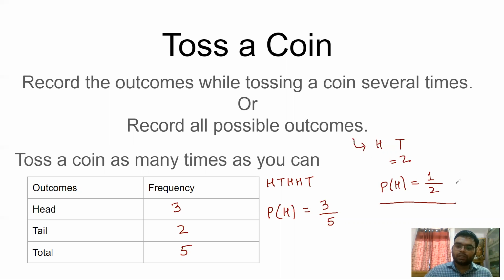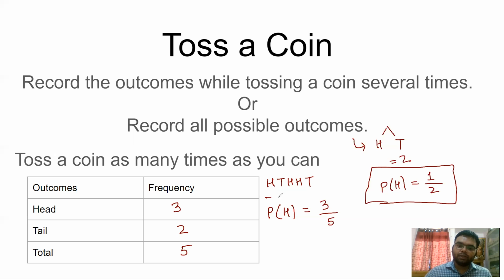So this is our theoretical probability, in which we look at all possible outcomes and find out among those possible outcomes how many are our desired outcomes, and we take the ratio of these two to find the required probability.